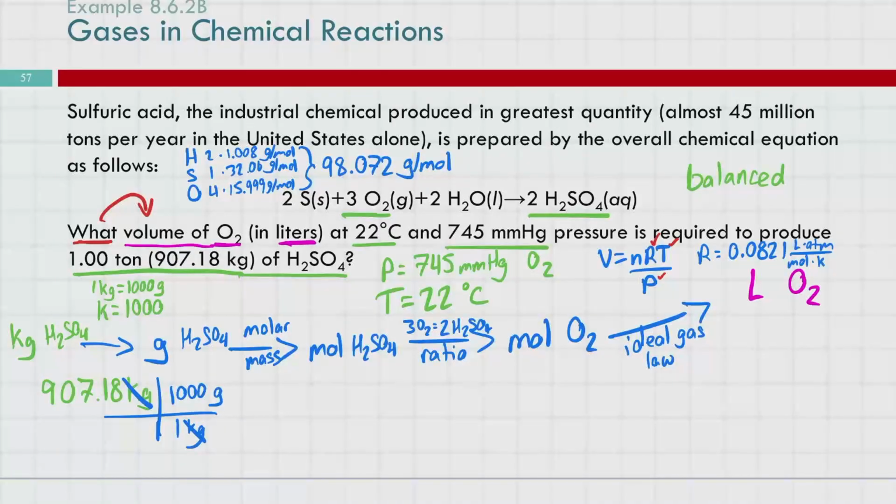All right, so we get a molar mass of 98-ish grams per mole. And so we need to divide. We've got grams on top here. Grams is on top for our molar mass. We're going to divide by our molar mass.